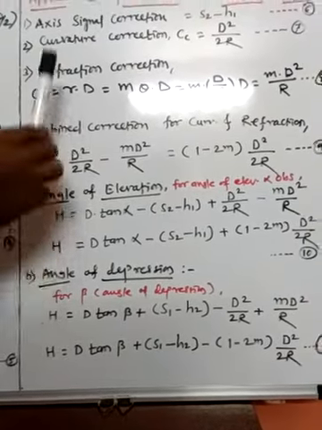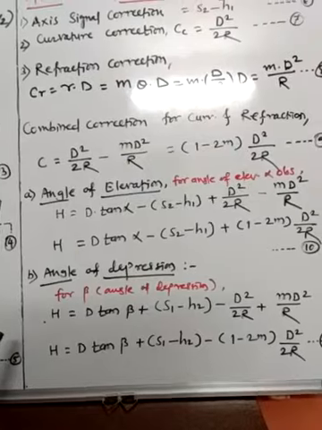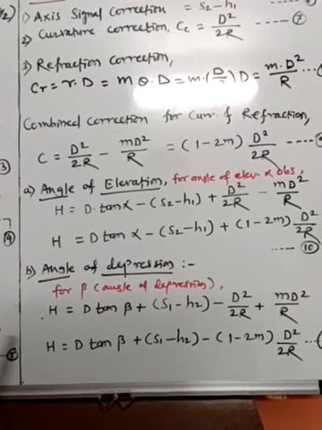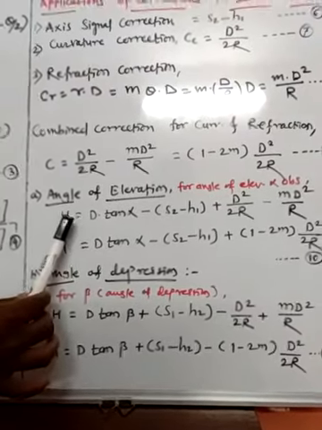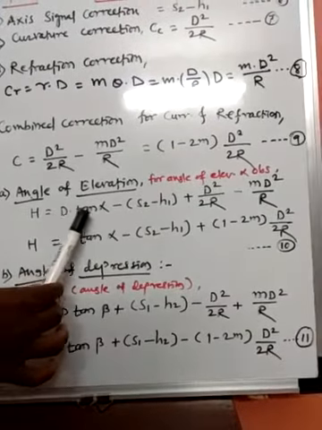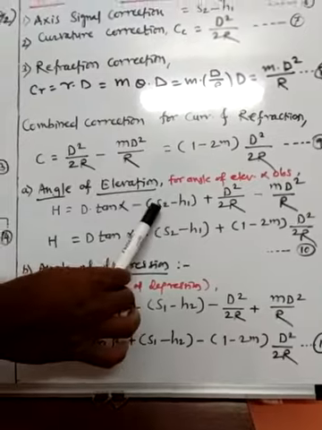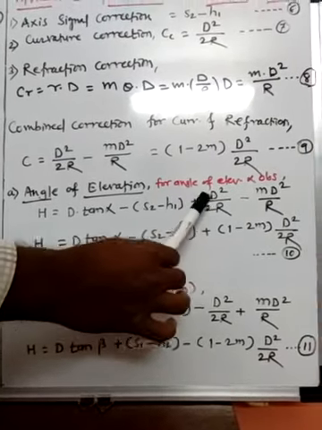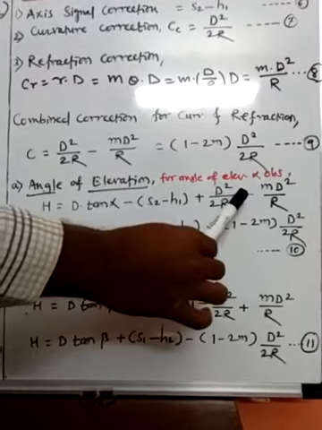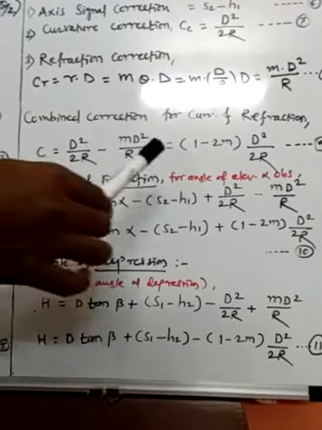Okay, then the same applies when observing the angle of elevation, alpha. The angle of elevation gives H equals D tan alpha minus (S2 minus H1 plus D square divided by 2 times R minus m D square divided by 2 times R).